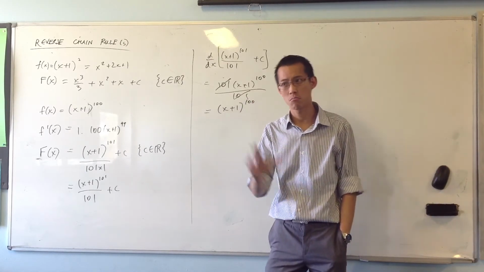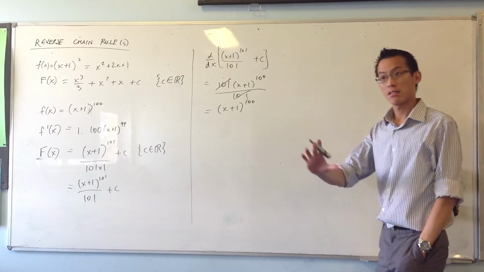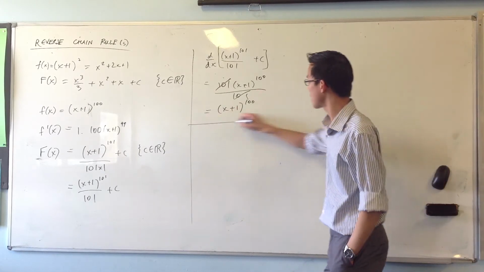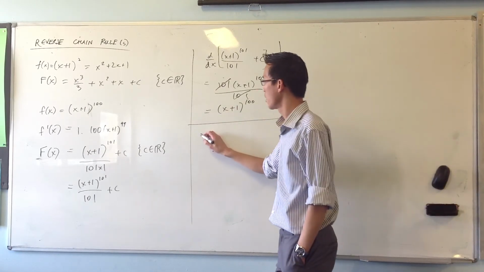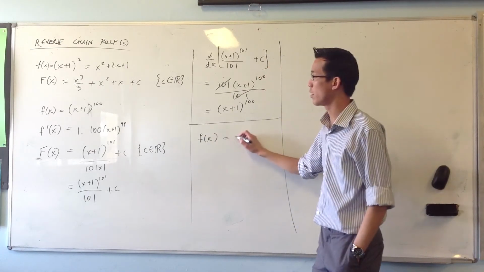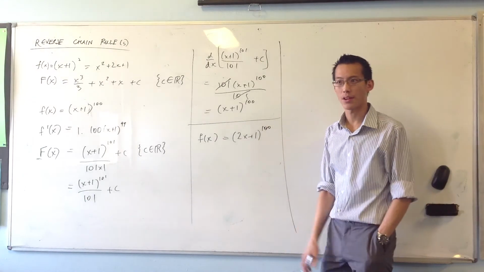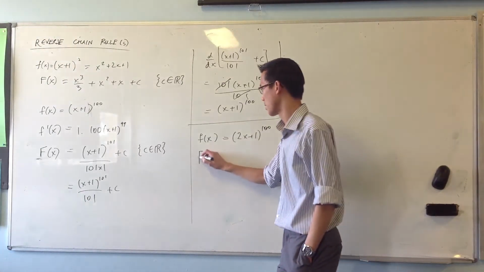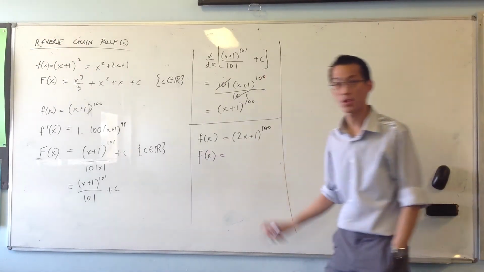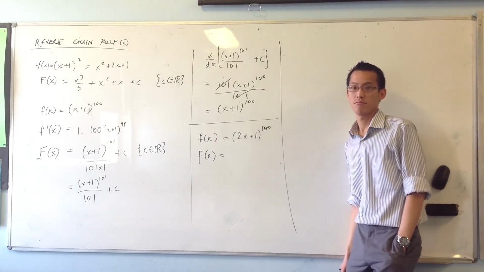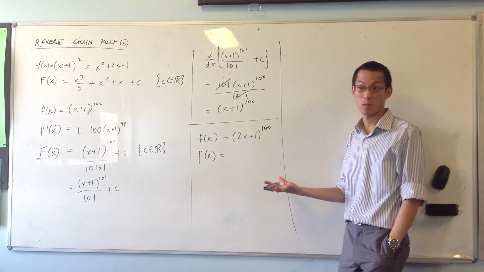Does that make sense? Happy so far? Okay, let's change it a little bit. Let's take an example like, what if it was 2x plus 1? What do you think? What should we do first? We could do it in the same order that we did it before.